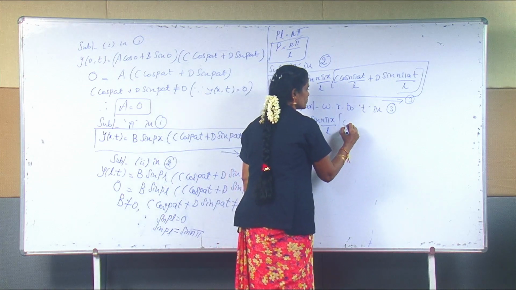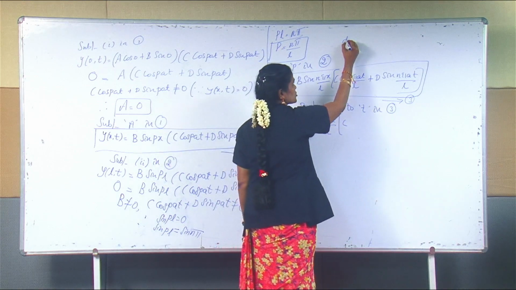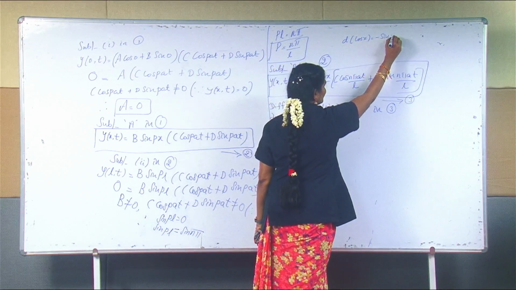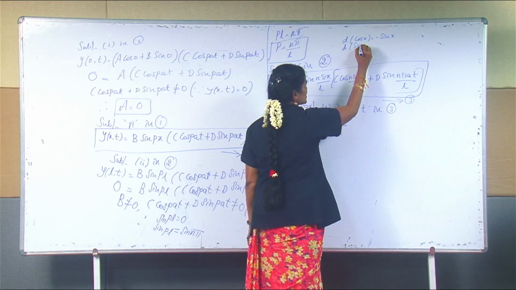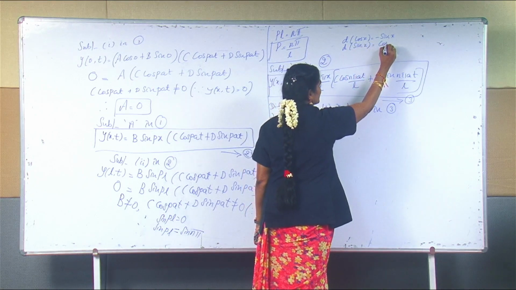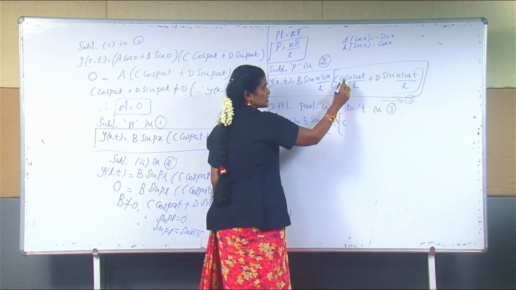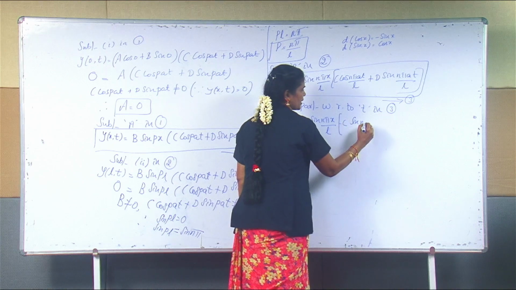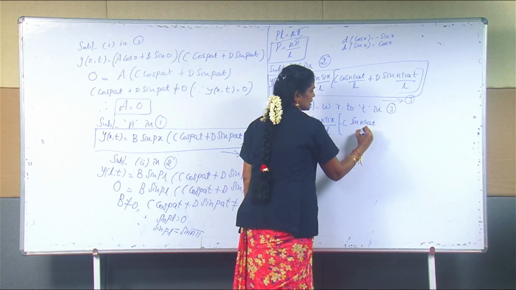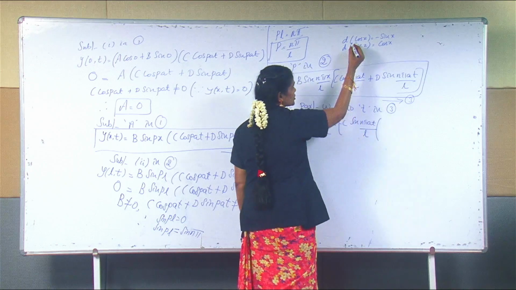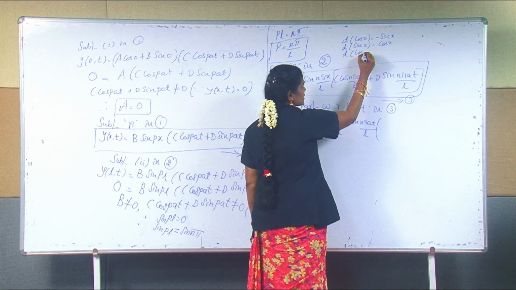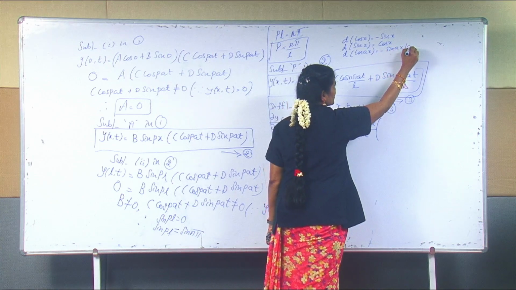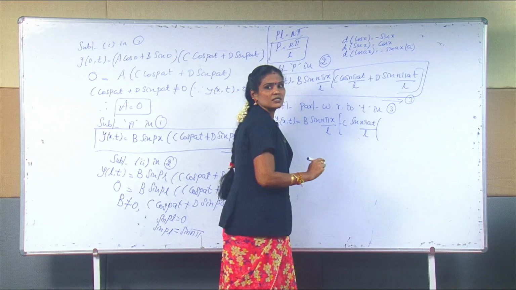Into c, the differentiation of cos x is minus sin x, and the differentiation of sin x is plus cos x. Differentiation of cos(ax) is minus sin(ax) into a, so you get the t coefficient in the multiplication.